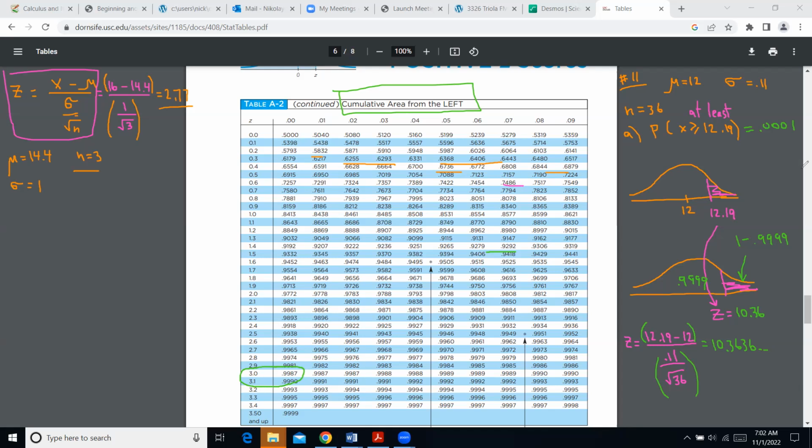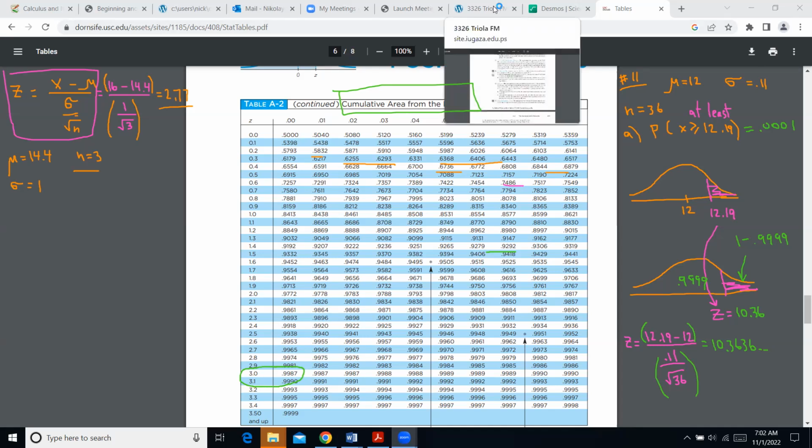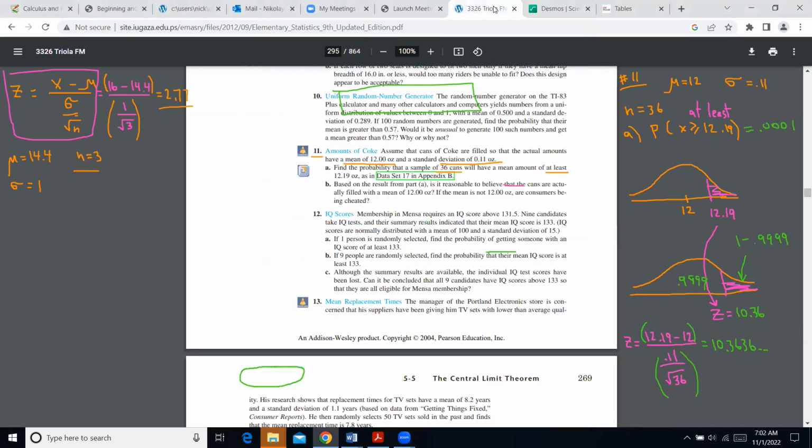It's way, way less than 1%. So there is no way this is going to happen, which tells us, in a case, if it still does happen, well, then something is wrong. Maybe an adjustment is needed to this equipment that fills coke into those cans.